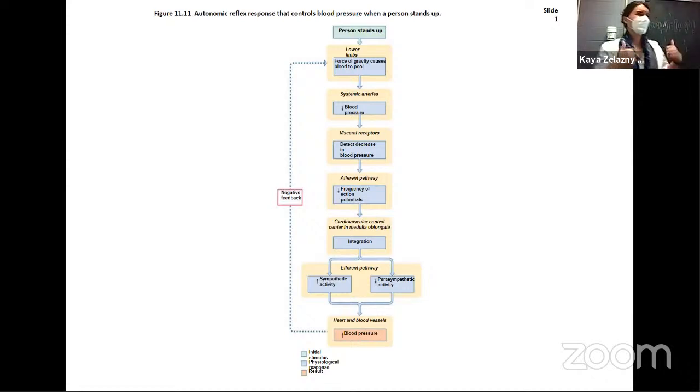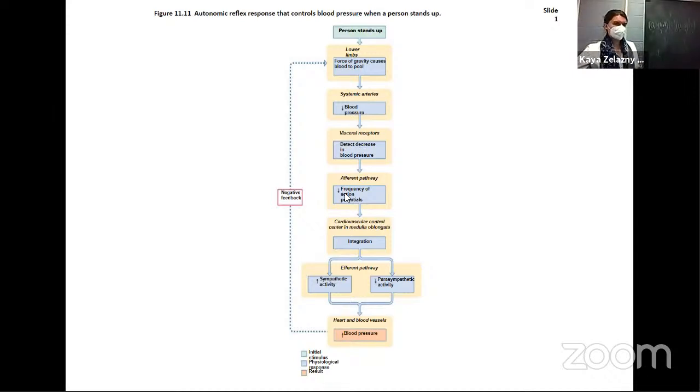So we have a reflex to get your blood pressure back up to normal, make sure your brain's getting the blood it needs. So we have receptors out in the body that detect that decrease in blood pressure. When we get to the cardiovascular system, we'll talk about those receptors.